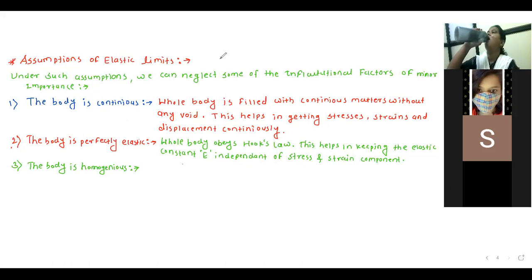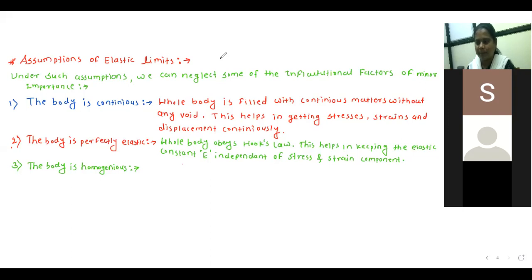Same composition throughout the body. Okay, good. I want the exact definition: elastic properties are same at every point, or elastic properties are same throughout the body, then this body is called a homogeneous body.